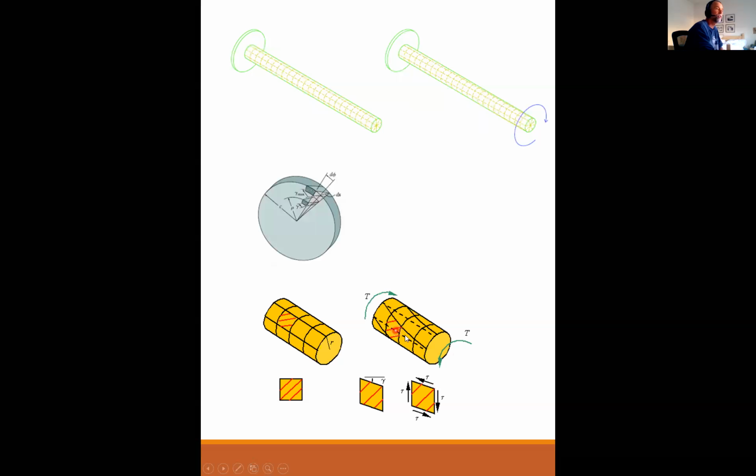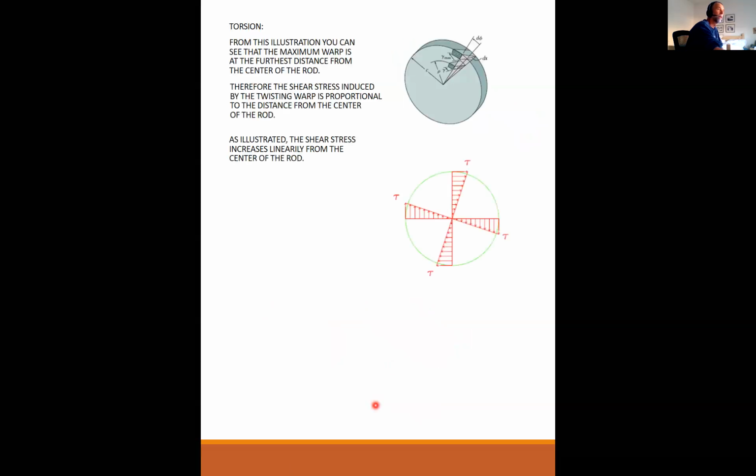So it causes shear stress this direction, and it causes shear stress in the radial direction. This is representing the shear stress in the radial direction, but looking from the section of the rod. And the main point here is that the increase in stress is proportional to the distance from the center of the rod.